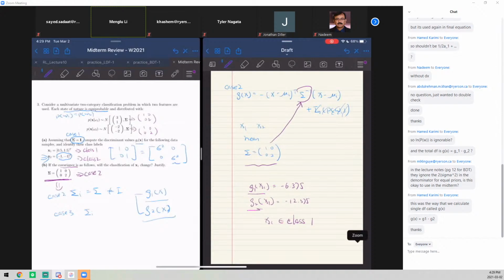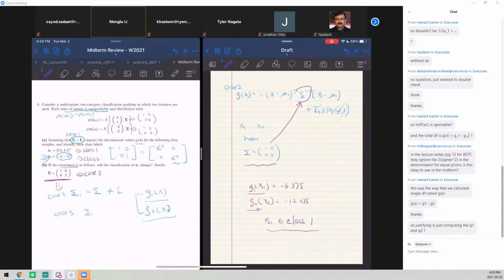The question asks us, will the classification of X1 change? The result doesn't change. Okay. So to justify, it's just computing G1 and G2 using the different equation to calculate G1 and G2 for X1.